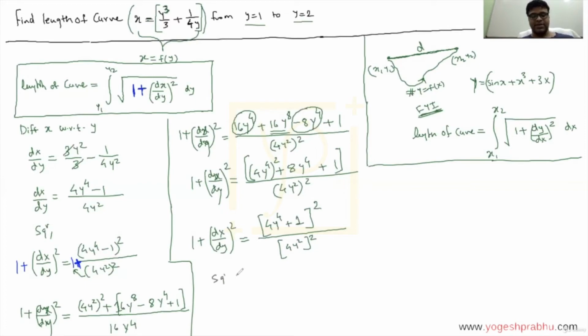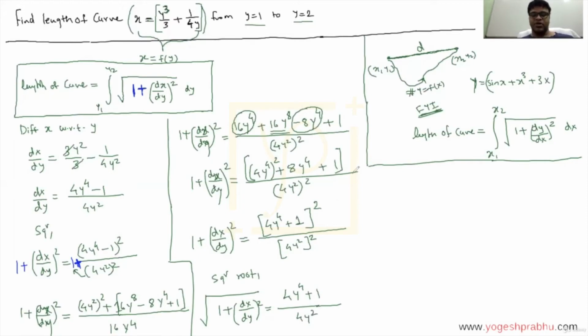So now just see what happens. If I find the square root of this term on both sides, of course, the left hand side will become square root of 1 plus dx by dy the whole square, and on the right hand side the square will go away because we're taking a square root on both sides. So you'll get 4y raised to 4 plus 1, and this is 4y square.